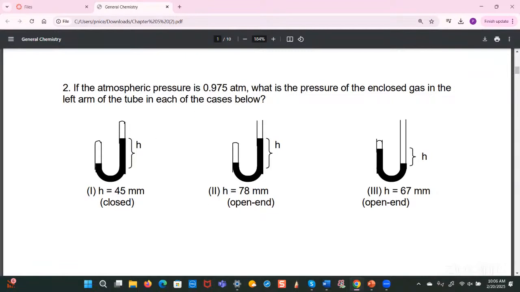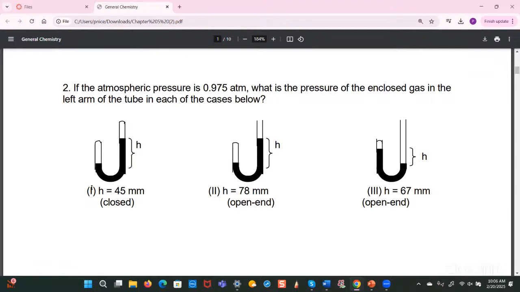Based on 2 things. One is the atmospheric pressure, and the other is the height difference between the 2 mercury levels on either side. Now, in the case of the first tube, this would not be important because this end is sealed, so you won't have any atmospheric pressure playing any part in the height difference between these 2 mercury levels.